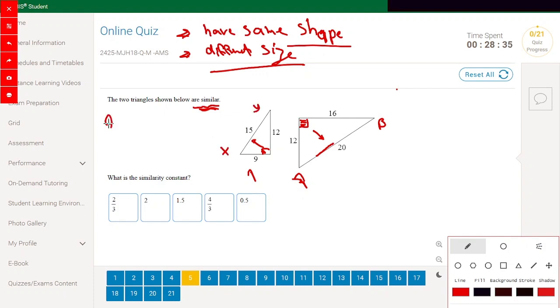So we start with triangle 1, then triangle 2: AB divided by XY. Now, one side similar to another side: let's say here C, and this is Z, we see that BC is similar to YZ.